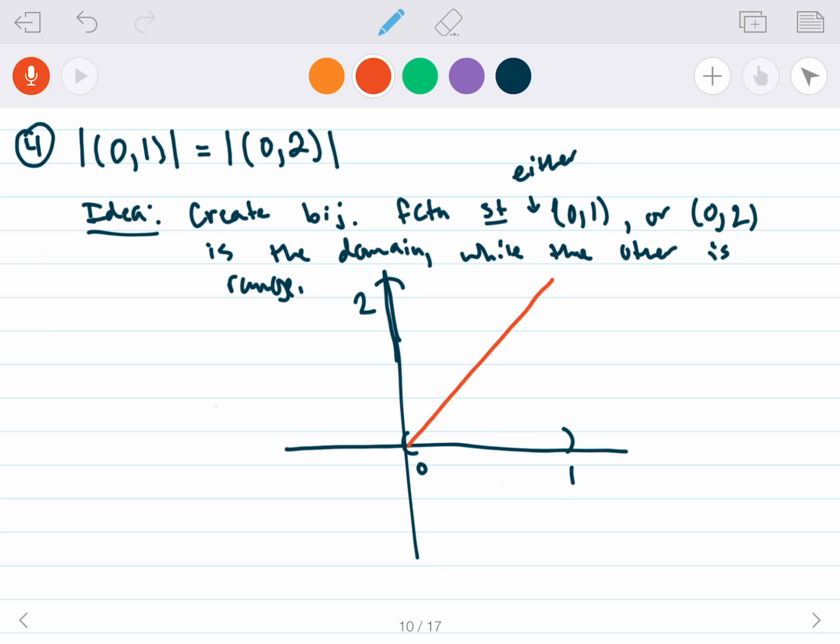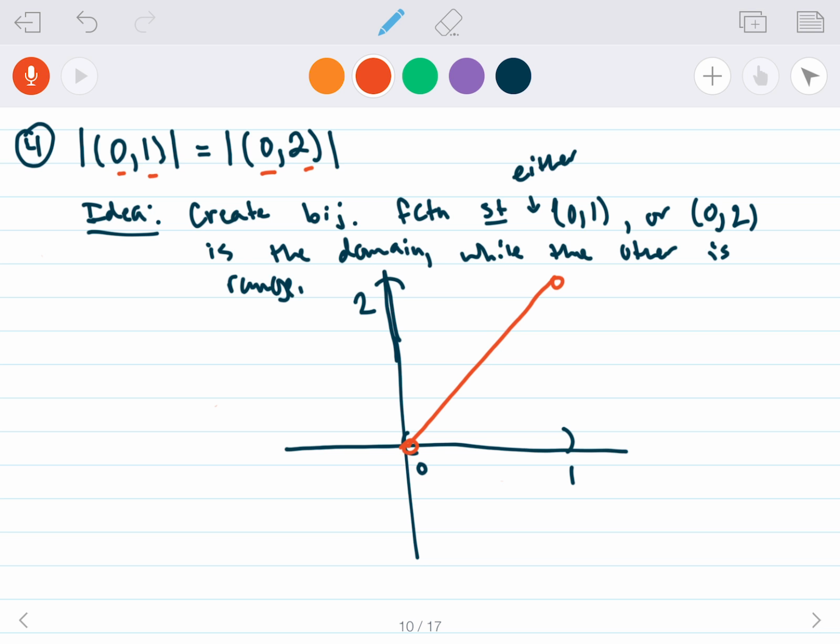Okay, and linear things are bijections. They map intervals onto intervals. So whenever you're trying to map an interval onto another interval, linear functions are good for this when your endpoints are real numbers. Okay, so what is this function?